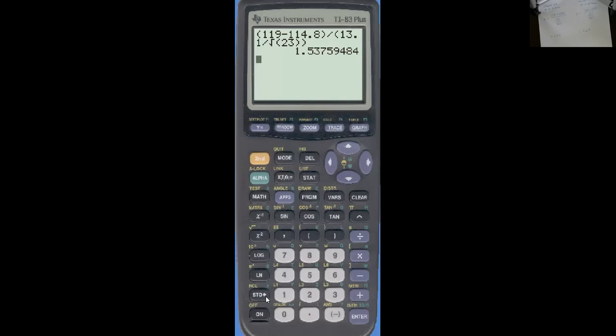I'm actually going to take that value and store it for A. Now we're going to convert 122 to a z-score. Once again, a begin parenthesis for the numerator, 122 minus 114. As I look back at my notes, that should be 114.8.